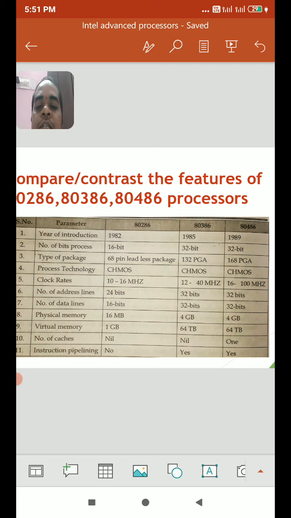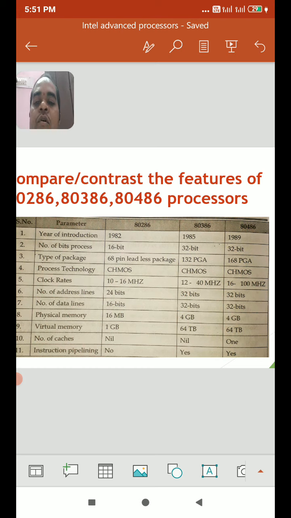The 80386 is a 132 pin IC in a PGA package, pin grid array package. And the 80486 is a 168 pin IC chip, also in a pin grid array package.